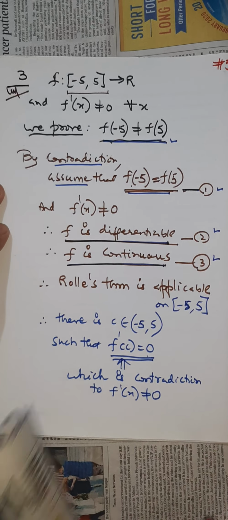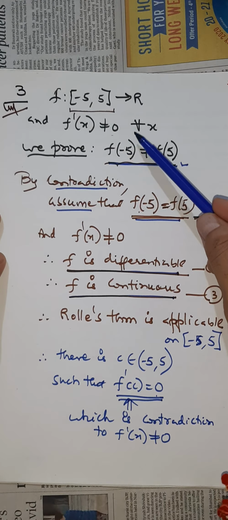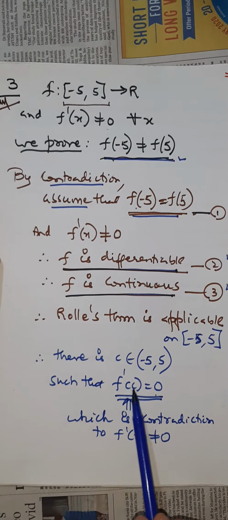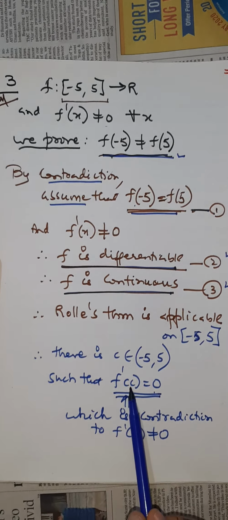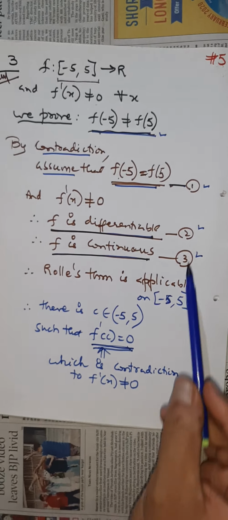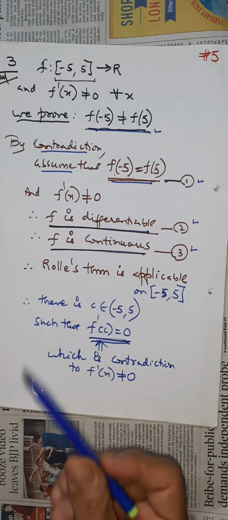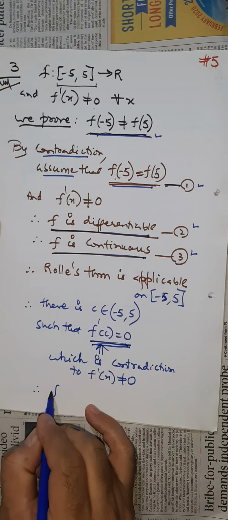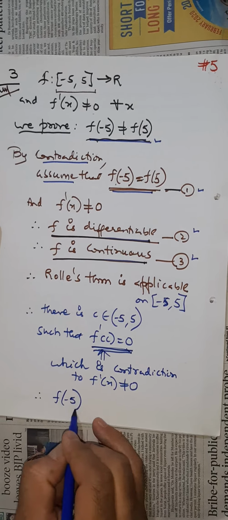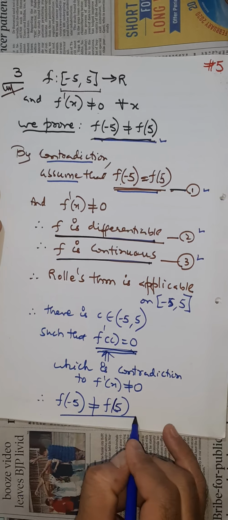In the hypothesis, I mean the data itself, you are given that the derivative is always non-zero for every x. Here you are concluding that there is some c from the domain for which f dash c is 0, which is a contradiction. And why are we getting this contradiction? Because of this assumption. So these two cannot be equal. Therefore f of minus 5 is not equal to f of 5, is proved.